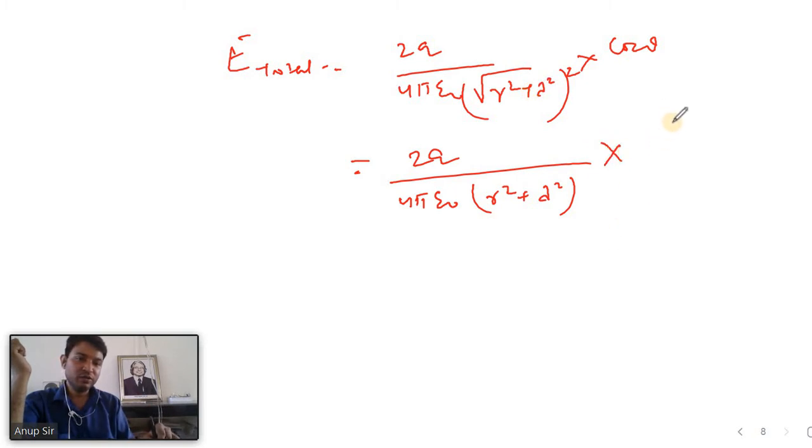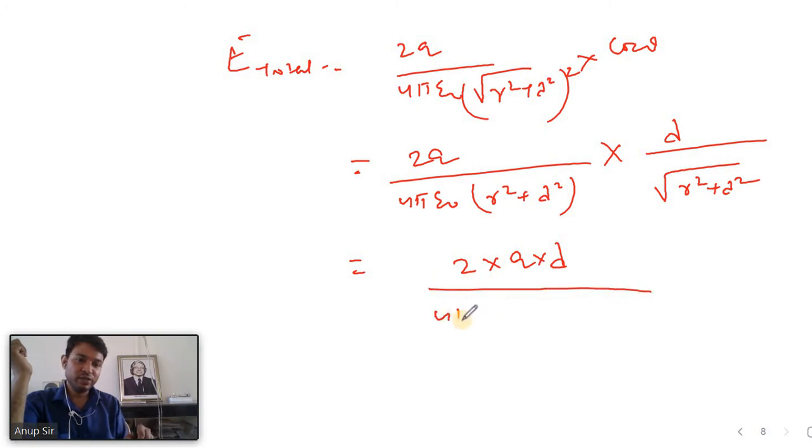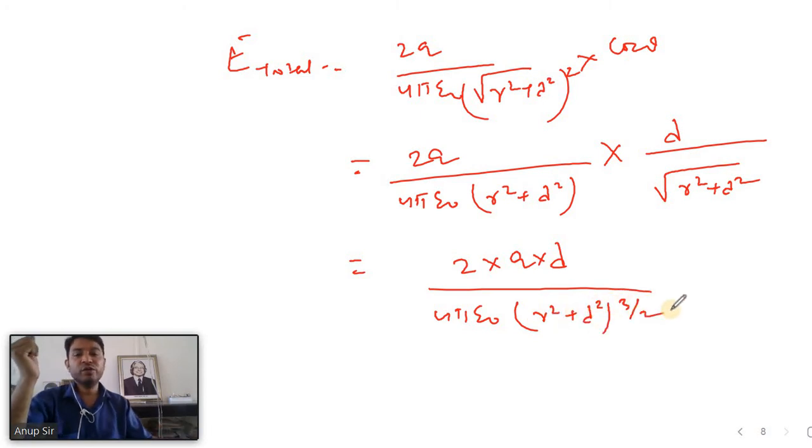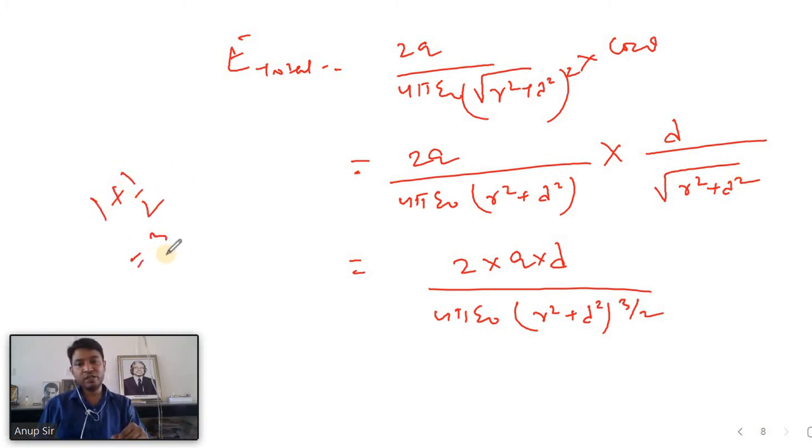Just put the value of cos theta, which is d divided by root over r square plus d square. So it simply becomes 2 into q d divided by 4 pi epsilon naught, and r square plus d square to the power 3 by 2, because r square plus d square has the power 1 and the other has the power half. So 1 plus 1 by 2 becomes 3 by 2.